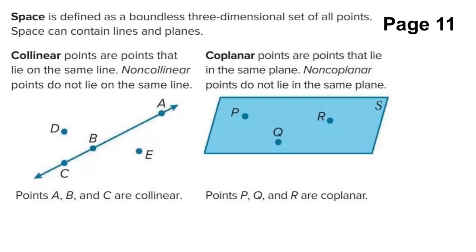If I had a bunch of points plotted here, and then somehow I managed to get a point up here hanging out in space, this one would be non-coplanar with the ones that are drawn down here, because they're not on the same flat surface as the other ones. Give you another representation. So if my piece of paper here is like a plane, if I have a point like up where the eraser is, it's non-coplanar with everything that I would draw on the paper.